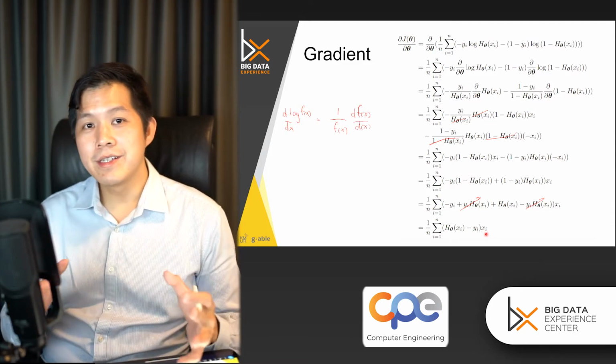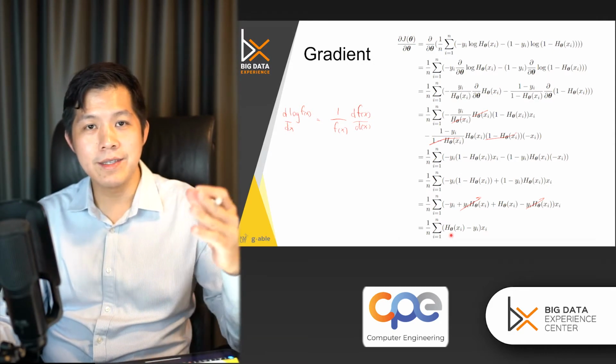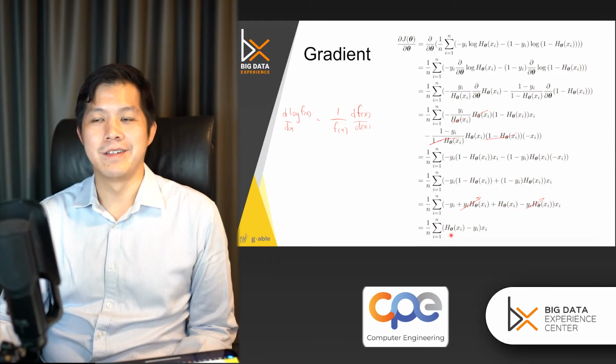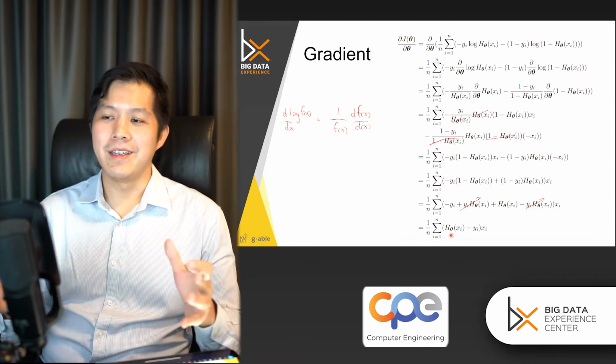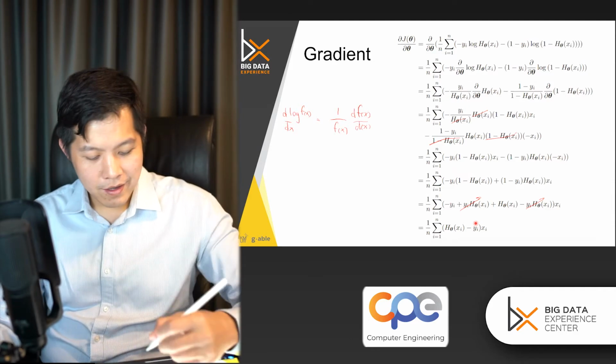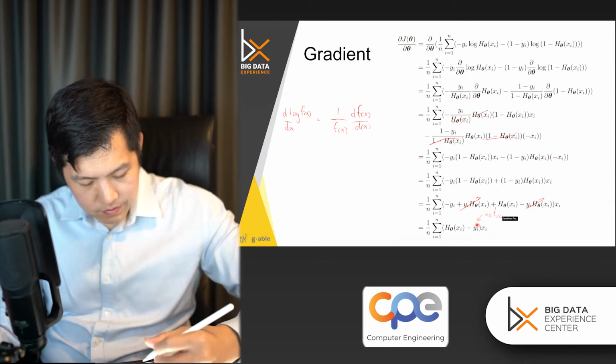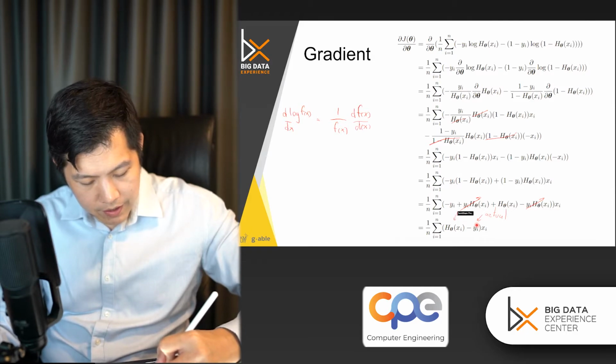These are very simple terms here because h theta xi is the output of logistic regression. So what does it mean? It means that the gradients come from the difference between the actual output and the predicted.